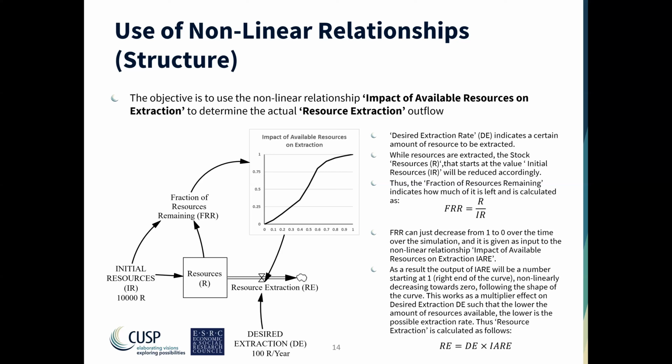In this case, the nonlinear relationship works as a multiplier effect, which basically means it will allow the desired extraction to be at the maximum rate just at the beginning of the simulation, and after resources start decreasing, it will quickly bring it back towards zero. And of course, when the resource is completely depleted, no more extraction can be done.